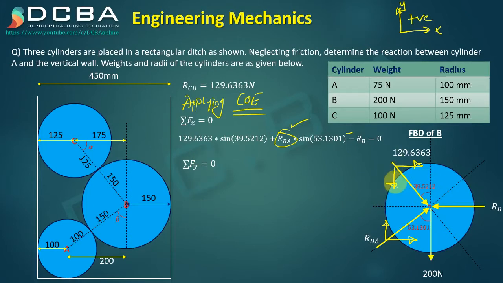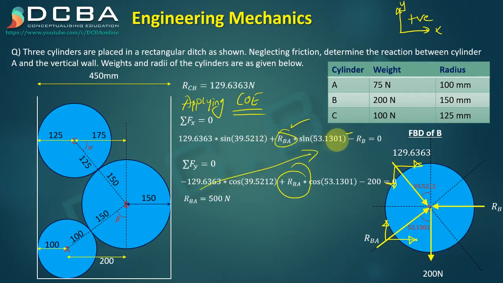So this is minus 129.6363 cos of 39.5212, then plus RBA cos 53.1301 minus 200. So from this we can find RBA. Once we find RBA, we can find RB using this equation.